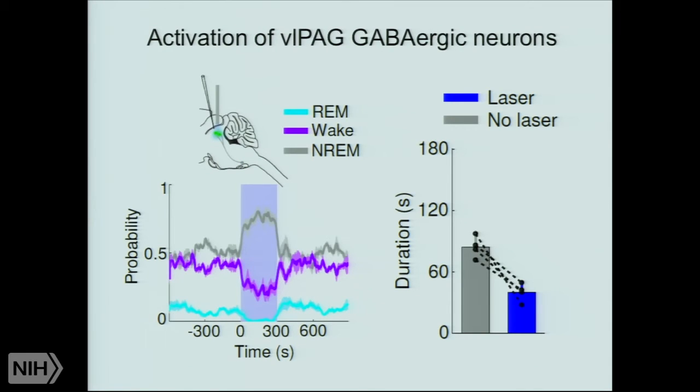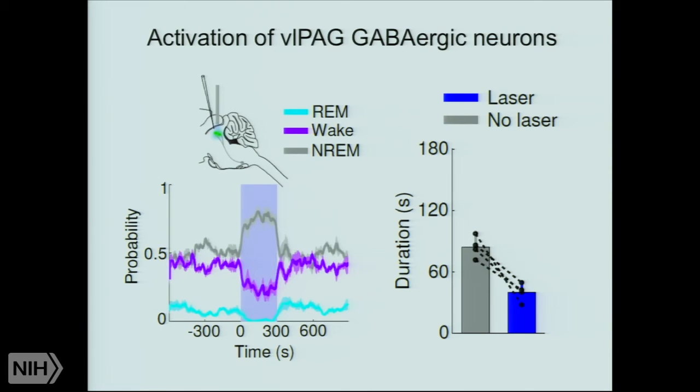So what we did here was we looked at the VL-PAG neurons. VL-PAG also has a lot of GABAergic neurons. If we express channelrhodopsin in the VL-PAG GABAergic neurons and then turn on the light to see what they do to the brain, we saw, interestingly, a dramatic increase of non-REM sleep, a decrease of both wakefulness and complete suppression of REM sleep.